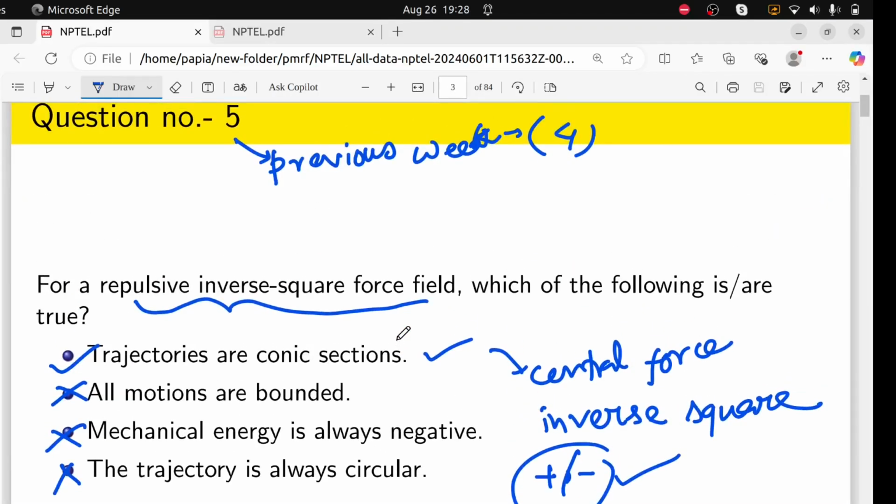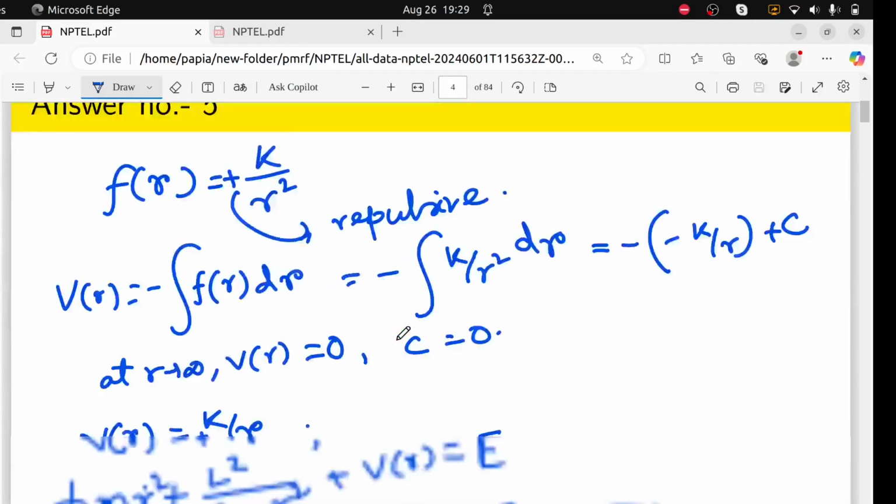Trajectory are conic sections, all the motions are bounded, that is not correct. Mechanical energy is always negative, that is also not correct. The trajectory is always circular, that is also not correct, because we have seen that the energies are always positive and all the motions are always unbounded, and there will be only parabola and hyperbola, these two options.